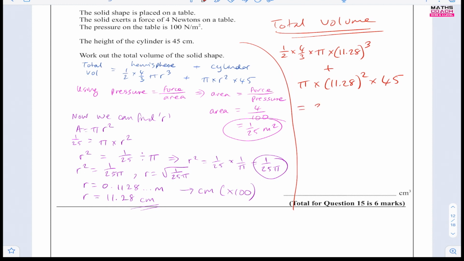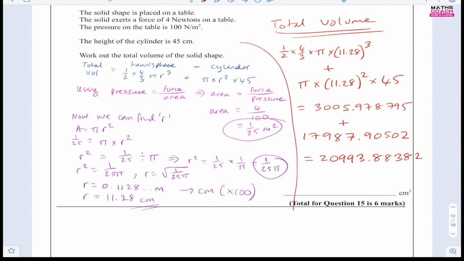So you get 3005.978795 for our hemisphere, plus our cylinder, which should give you 17987.90502. And now if you add those up, you should get a total of 20993.88382.